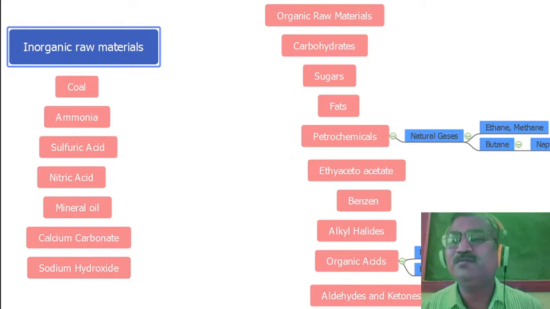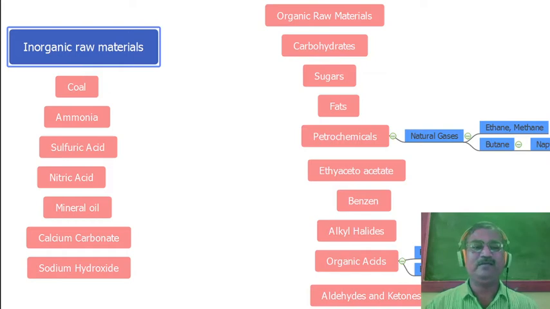Then the second type of inorganic raw material is ammonia gas. Either it is present in the form of liquid or in the gaseous state. It is again one type of basic fundamental heavy chemical which is used as a raw material.